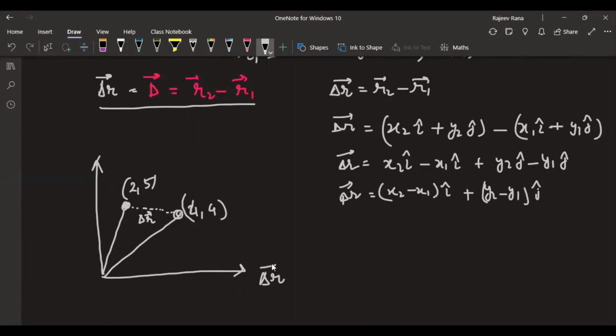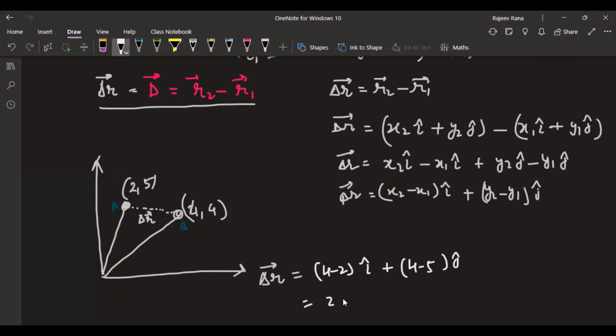It is x2 minus x1 I cap plus y2 minus y1 j cap. So this is position A and this is position B. So 4 minus 2 I cap plus 4 minus 5 j cap.